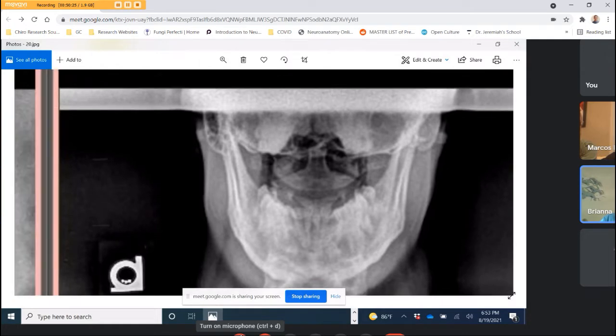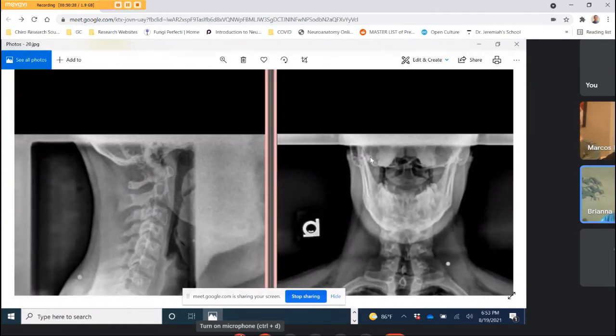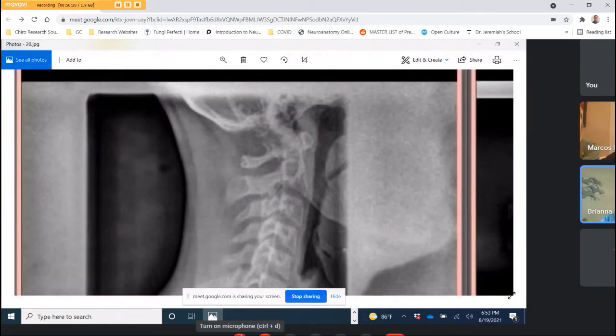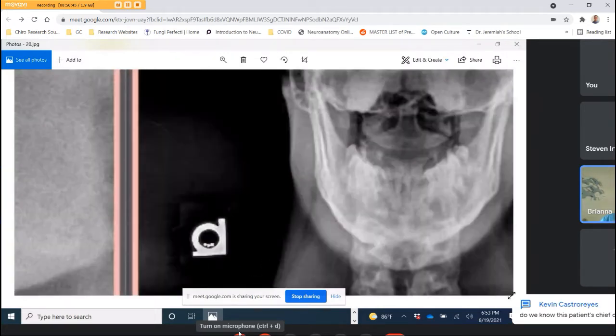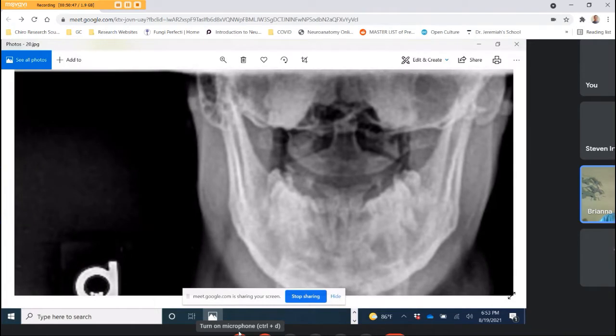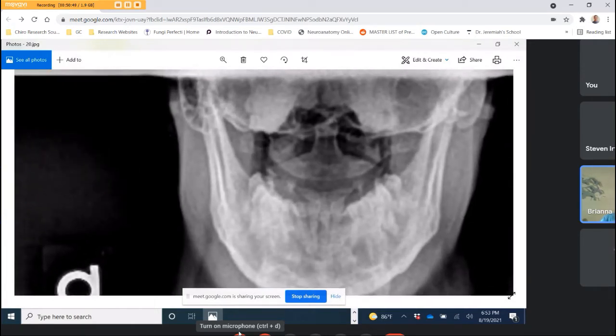If you had to do an atlas listing, what would be the first two letters? AS, right? That atlas is sitting in an anterior superior position. You see any laterality?